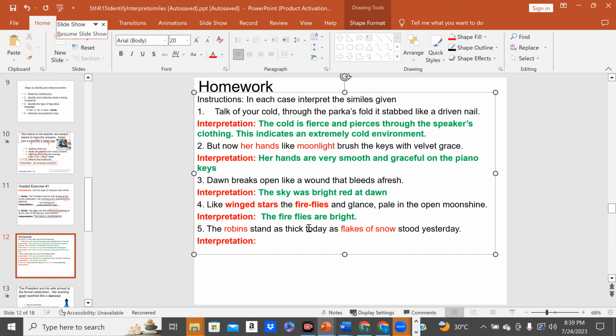So they're saying that the robin stands as thick today as flakes of snow stood yesterday. So it's thick, it's tall, it's a lot. So we can say that basically a lot of robins are out in the trees. That's the interpretation.